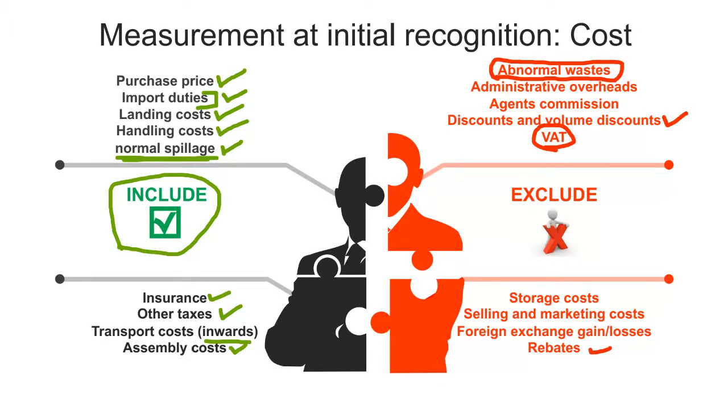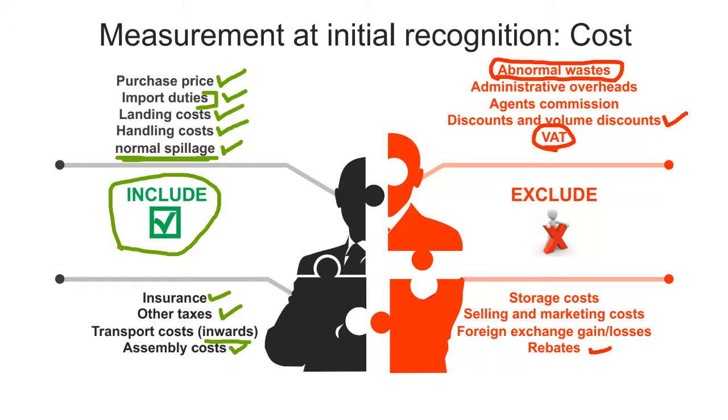The difference between landing costs and handling costs and inward costs, they're all the same. They're just different ways to write them. So for example, landing costs would be the sort of costs to get a shipment to the harbor, whereas transport costs can be classified as all of the costs, right? All of the costs to get it to your door.